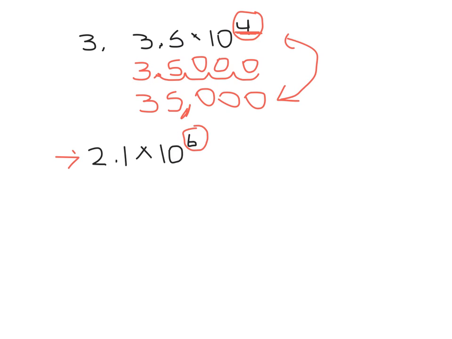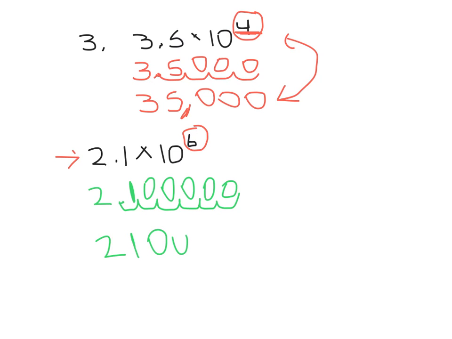Now, if we use the same method of turning 2.1 times 10 to the 6th power into standard notation, we would move our decimal over 1, 2, 3, 4, 5, 6 places and add in our zeros. And then when we rewrote this number, it would be 2, 1, 0, 0, 0, 0, 0.